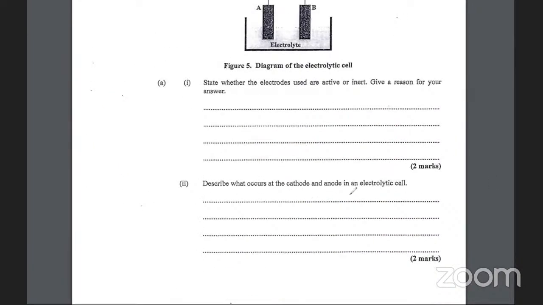Describe what occurs at the cathode and the anode in an electrolytic cell. So we know that at the anode, oxidation occurs.